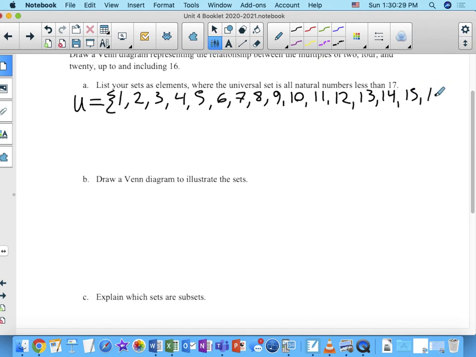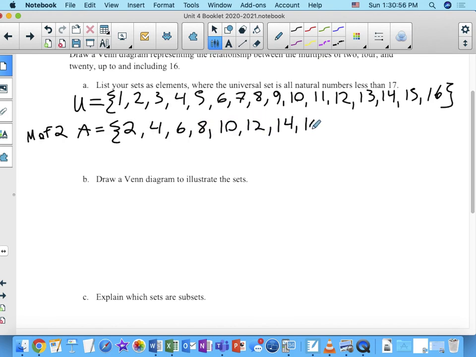Okay, there's the universal set. And then we're looking at relationships between multiples of 2, 4, and 20, up to and including 16. So let's call set A multiples of 2. So multiples of 2 are 2, 4, 6, 8, 10, 12, 14, 16.